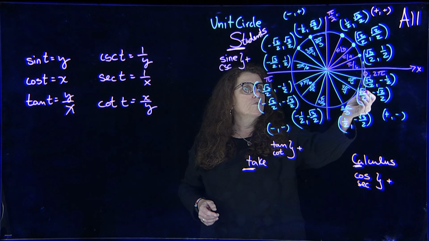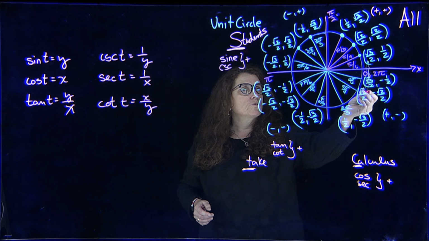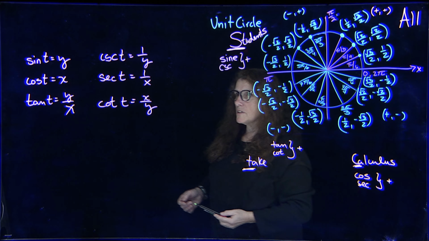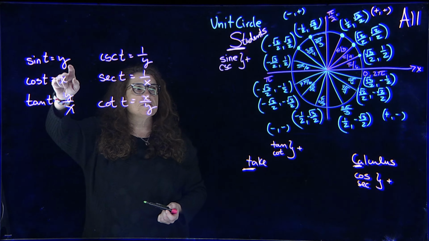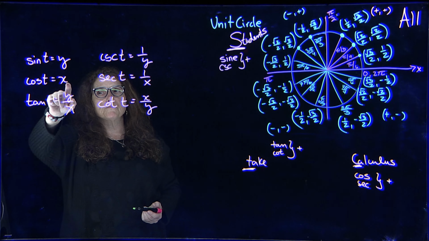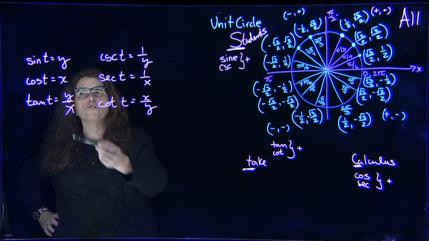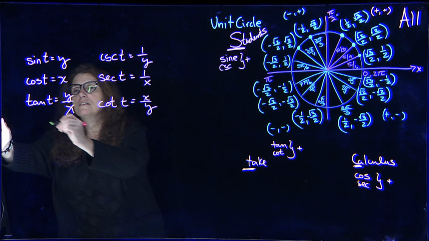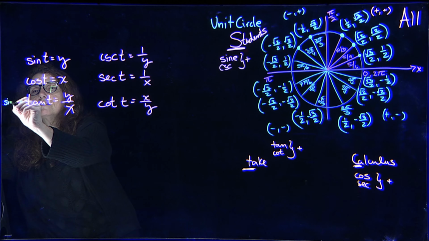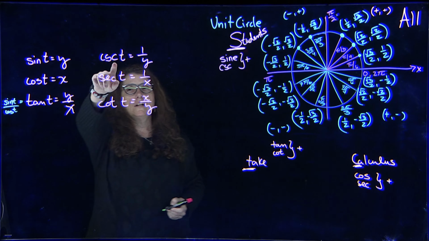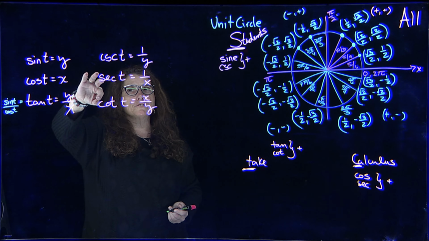So we have our ordered pair for pi over 6, 30 degrees, which is the square root of 3 over 2, comma 1/2. So the sine represents the y-coordinate, the cosine represents the x-coordinate, and the tangent is y over x, aka sine over cosine.